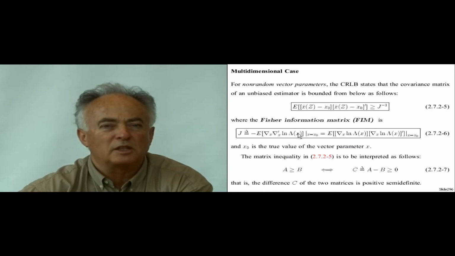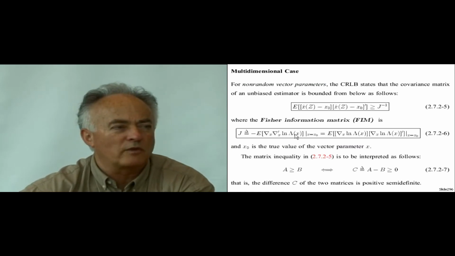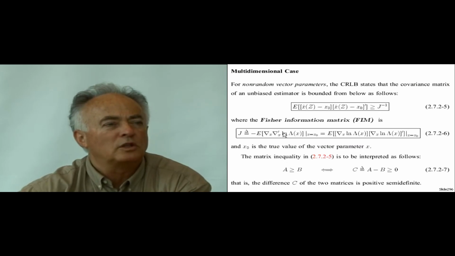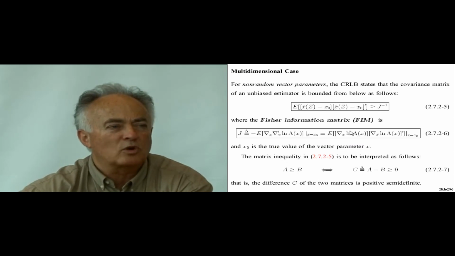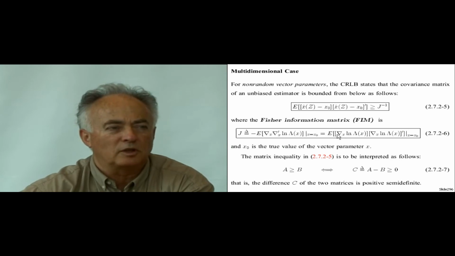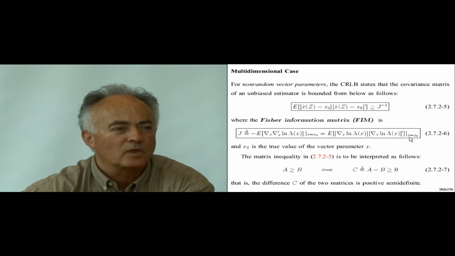The result is a matrix because this is a column vector and this is a row vector. Or J is the expected value of the column vector of the first derivative, the gradient of the log likelihood function, times its transpose. Again it is a matrix, and the whole thing after expectation has to be evaluated at x equal to the true value.